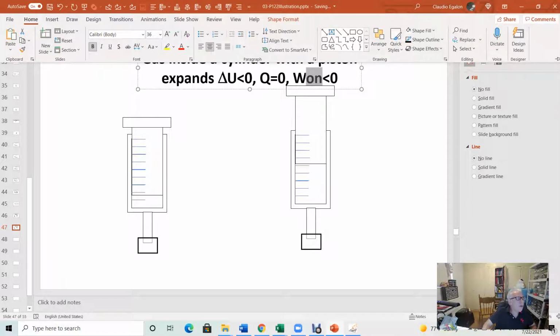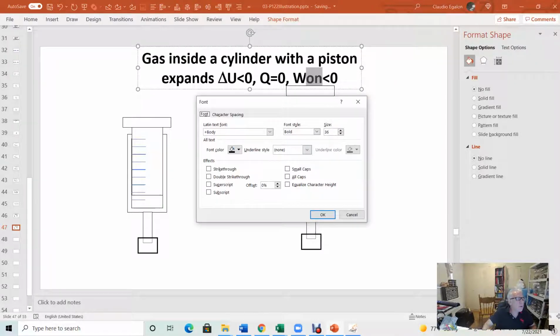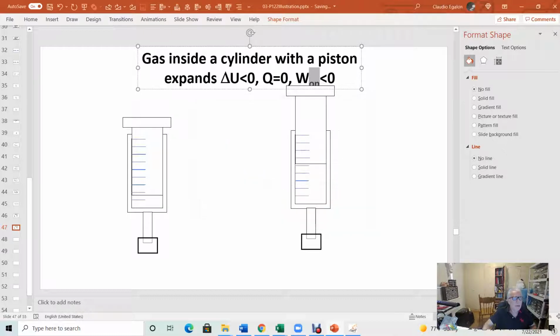So it's just a matter of understanding what work done on a system means. Like that.